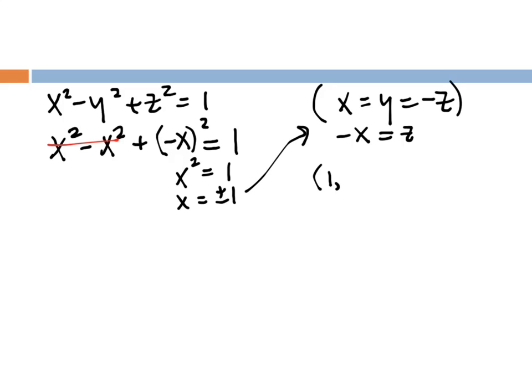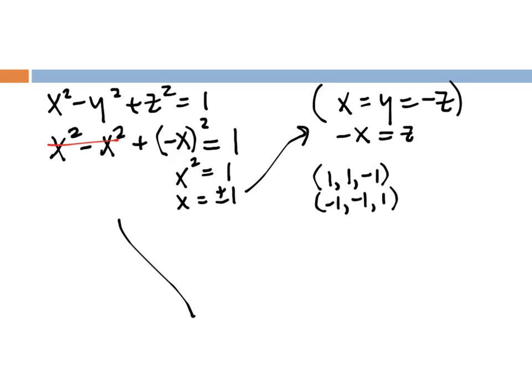Now let's use that information with these equations over here to get our point. So if x is positive 1, y would be, and z would be, right. If x is negative 1, y would be, and z would be positive 1. So I have 2 points, 2 ordered triples. And what do I do with them?